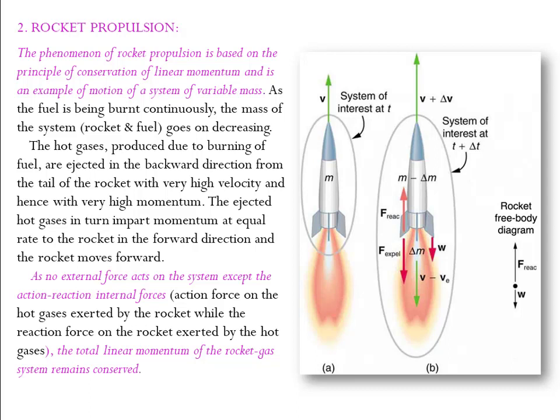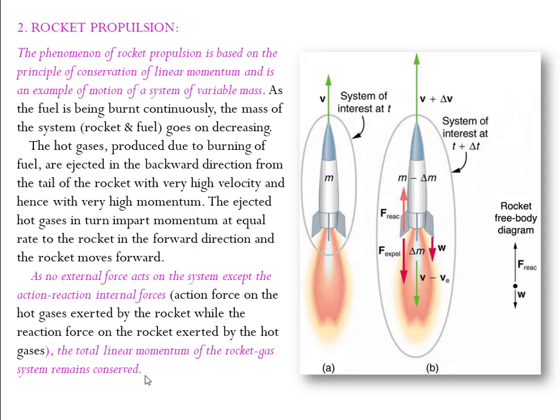The hot gases produced due to burning of fuel are ejected in the backward direction from the tail of the rocket with very high velocity and of course very high momentum. The ejected hot gases in turn impart momentum at an equal rate to the rocket in the forward direction, and the rocket moves forward. As no external forces act on the system except the action-reaction internal forces, the total linear momentum of the rocket-gas system remains conserved.